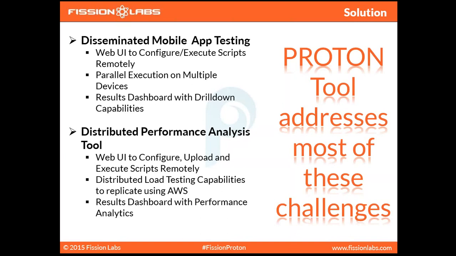This solution is called distributed mobile application testing, with features like a web user interface where you can configure and execute the scripts remotely, parallel execution on multiple devices as I was explaining earlier, and a results dashboard with drill down capabilities.